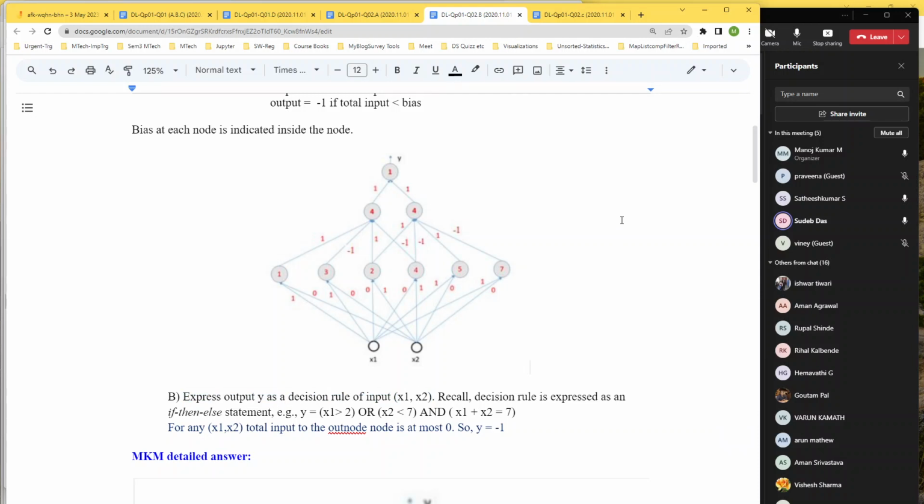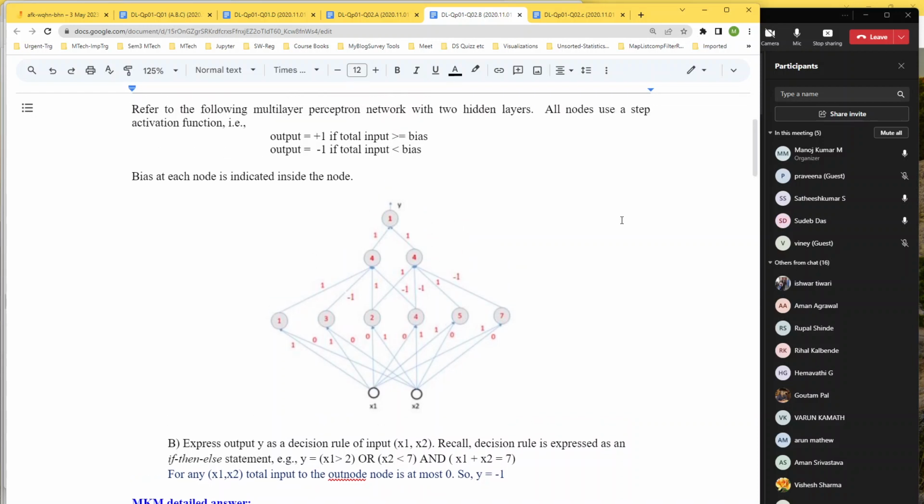For any other input, output node is at most 0. So how is it represented? We have to find what the output y is for a particular input. y is either +1 or -1, so we have to take both cases and calculate backwards.